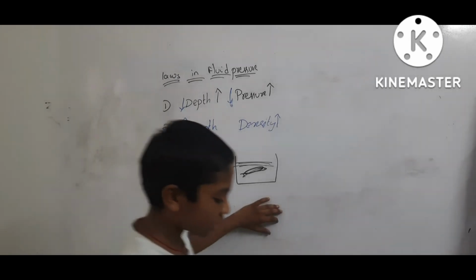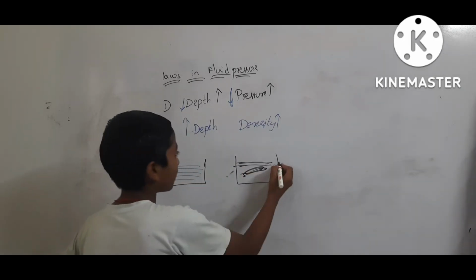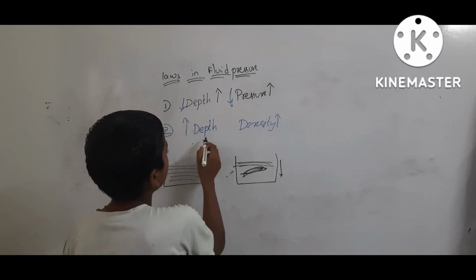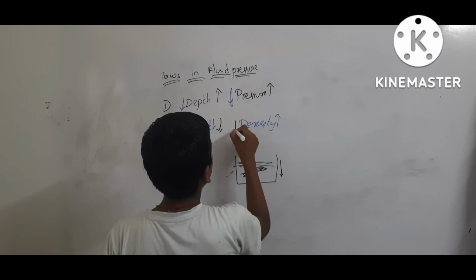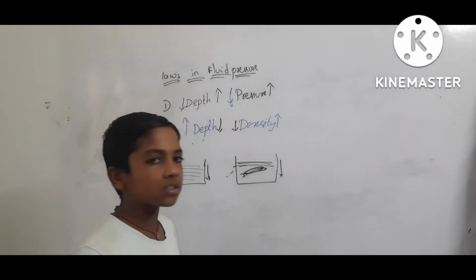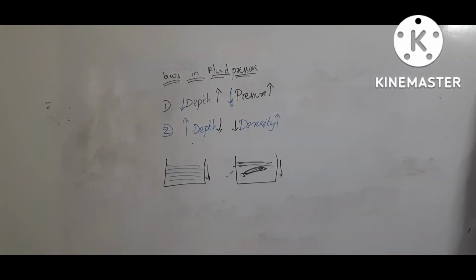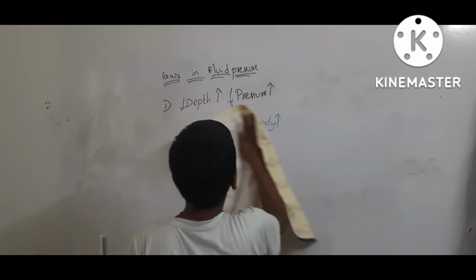But in the sand suspension there is a change in density going into the depth. This rule applies in some conditions only. Depth decreases, density decreases. This is also a law in fluid pressure. These two are the main laws in fluid pressure.